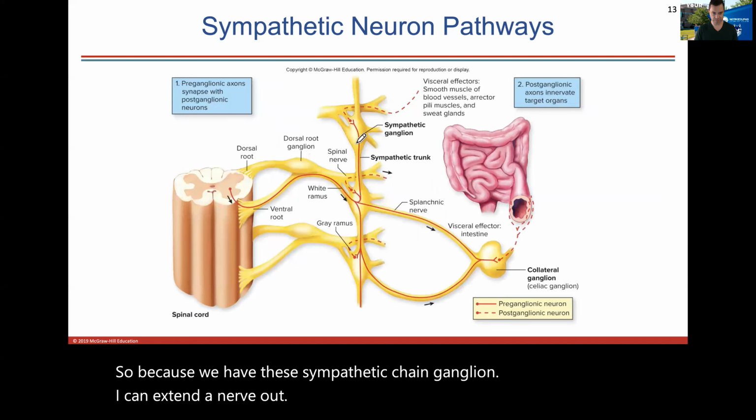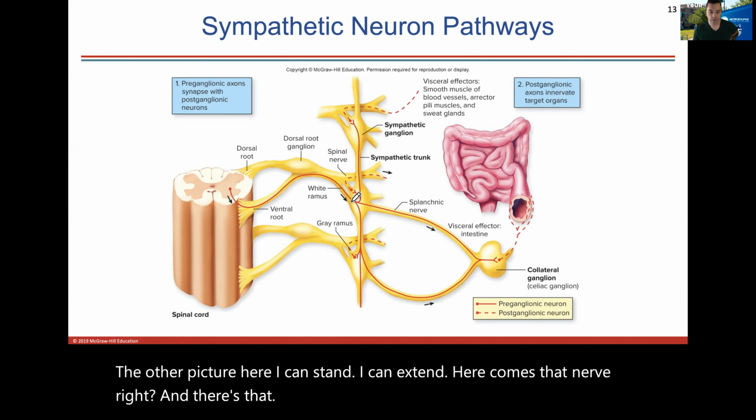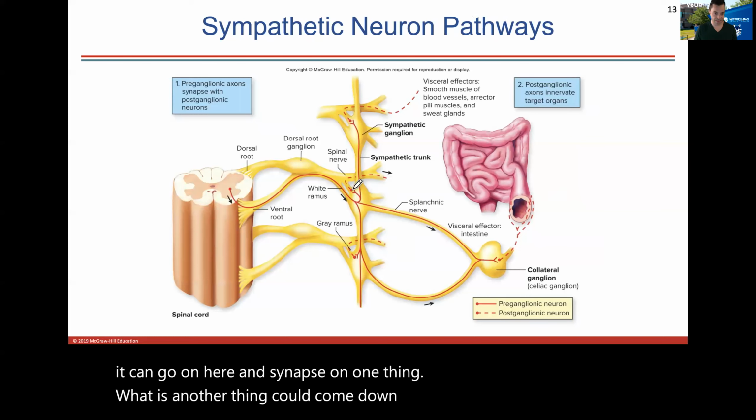We have a picture here. Here comes that nerve, and there's that preganglionic. It can go on here and synapse on one thing. Another thing can come down here, and multiple things can converge on something.